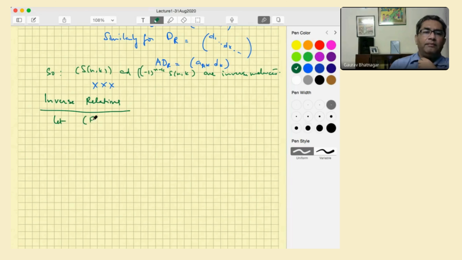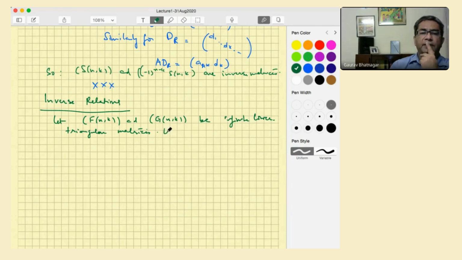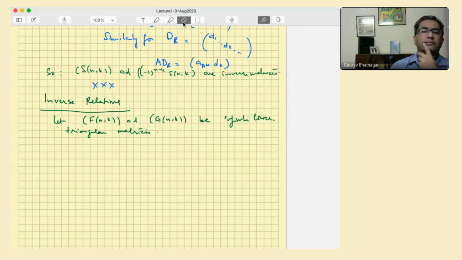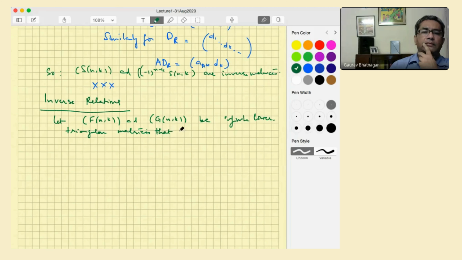So let Fnk and Gnk be infinite lower triangular matrices, and let Ak and Bk be sequences that are inverses of each other.